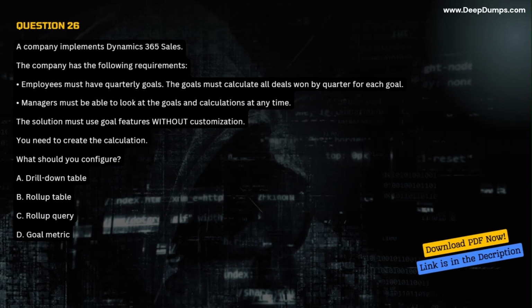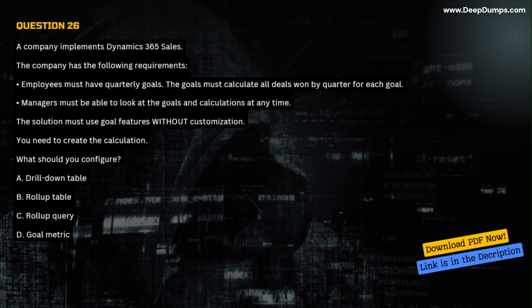Question 26. A company implements Dynamics 365 sales. The company has the following requirements. Employees must have quarterly goals. The goals must calculate all deals won by quarter for each goal. Managers must be able to look at the goals and calculations at any time.